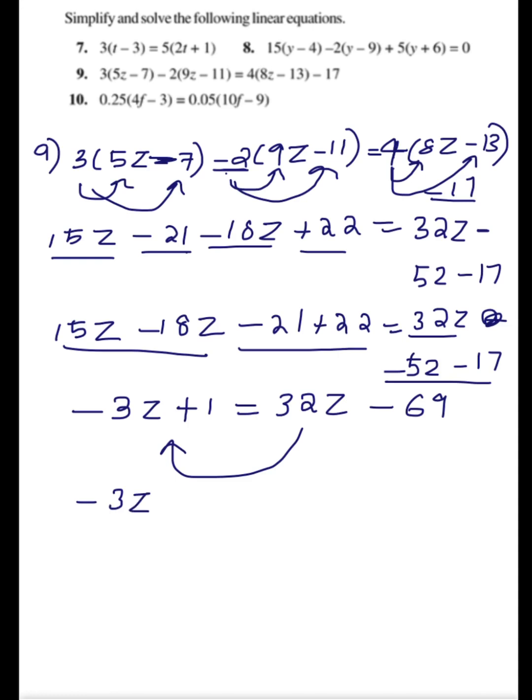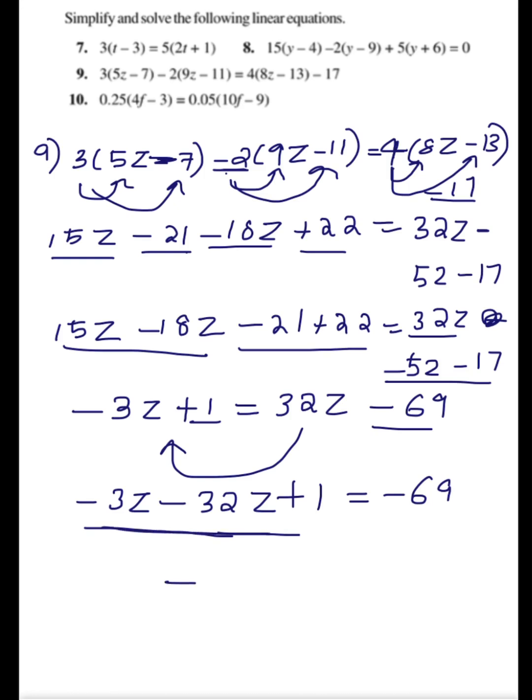So minus 3z plus 32z, when taken to the other side, becomes minus 32z. Plus 1 equals minus 69. Now what is minus 3z minus 32z? You have to add them. So you will get minus 35z.